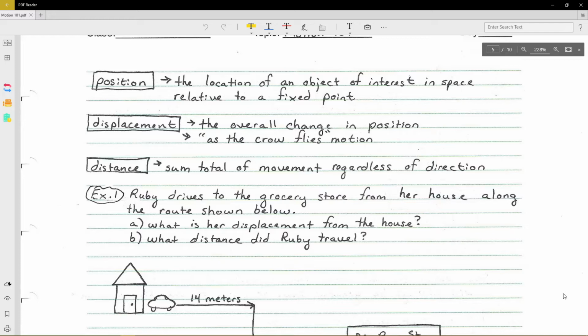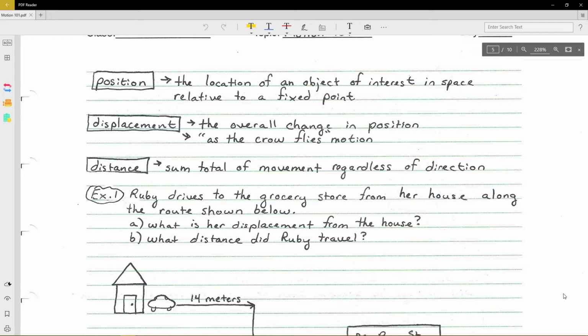The location of Corey, or Corey's position, is 10 feet from it. Let's say he's 10 feet to the left of the door. That would mean that he's standing 10 feet from that fixed point, to the left of it from your point of view. So with position, we're being very, very specific about where something is located.